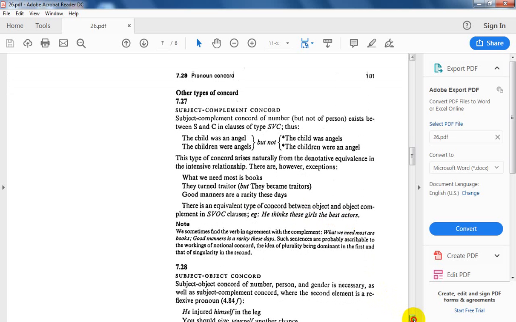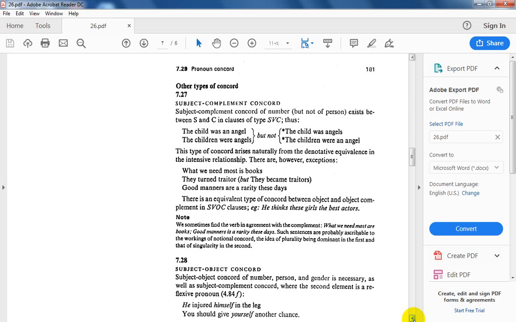Let us see what it means. We sometimes find the verb in agreement with the complement. What we need most are books. Good manners is a rarity these days. They mean that in what we need most are books, the verb agrees with the complement, books.